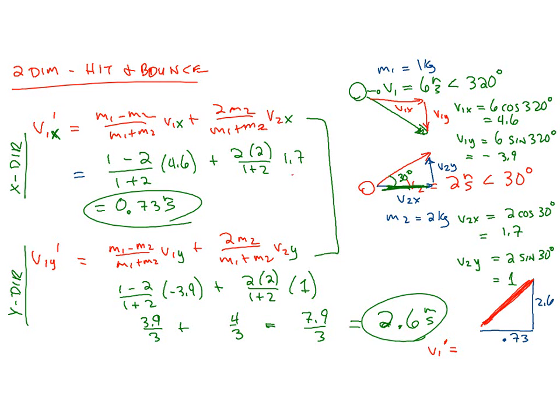The velocity of ball 1 after the collision is 2.7 meters per second at an angle. We're going to do arctangent here again. Opposite 2.6 divided by adjacent 0.73 would be 74 degrees. Okay?